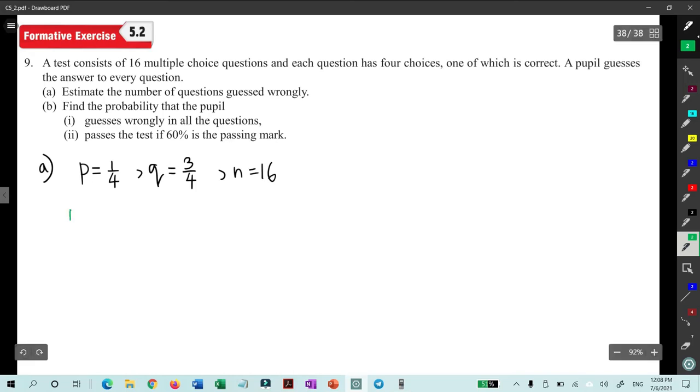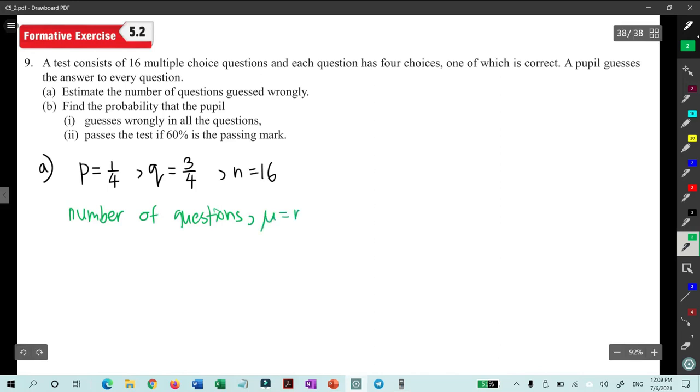Okay, number of questions guessed wrongly. You can take 16 times 3 over 4, or you can find the number of questions guessed correctly by calculating the mean.